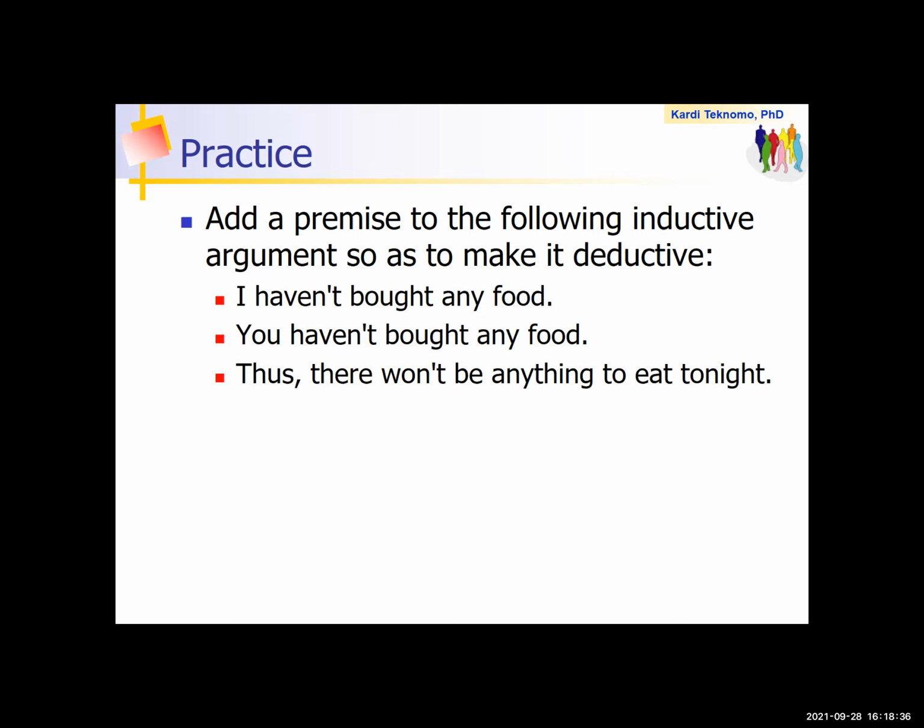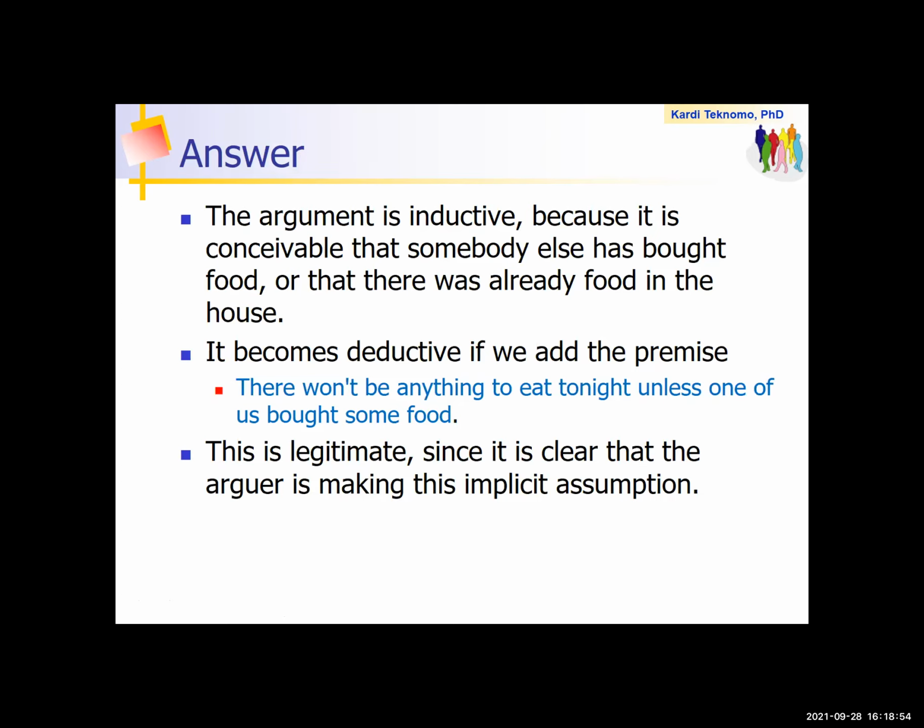Okay. So then the conclusion is not sure. Is that what you argue? But you see here, it has probability. So that's correct. The argument is inductive because it is conceivable that someone else has bought food or there was already food in the house, right?